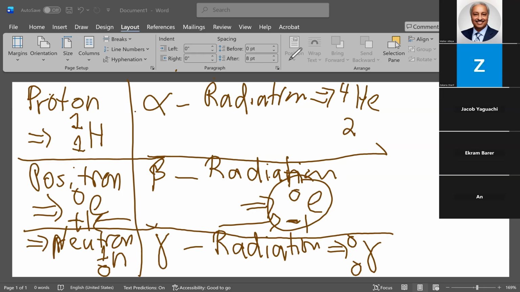Now we'll do an example here. What will happen if an element has some collision inside the nucleus, and then we get all this type of radiation coming out of this element? Anytime you have radiation coming out, there is a possibility, not 100% all the time, but there is always a possibility you'll obtain a new element.